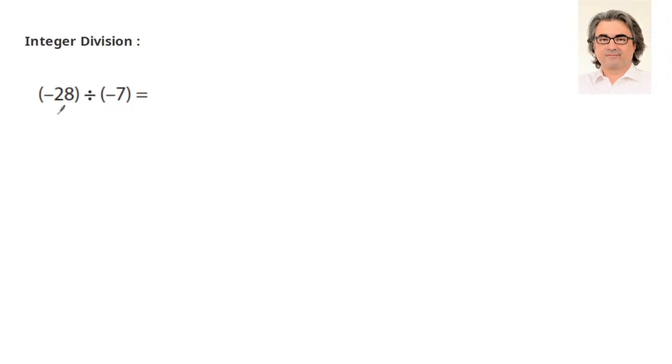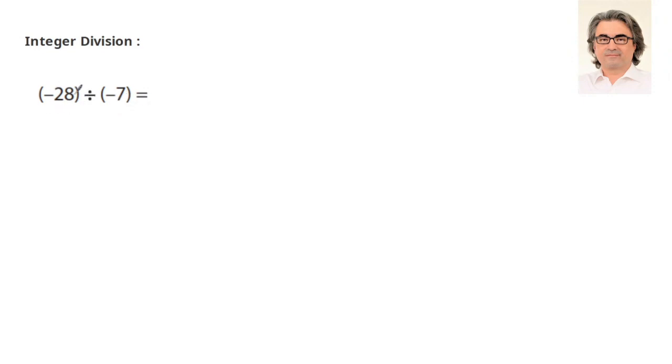So here in this example, both numbers, both dividend and divisor, are negative, so the result will be positive. It means dividing minus 28 by minus 7 is like dividing plus 28 by plus 7.